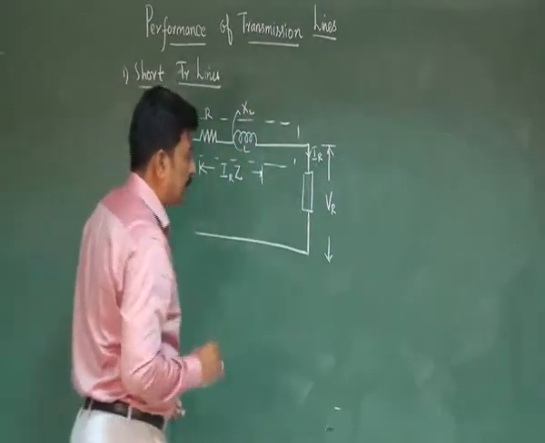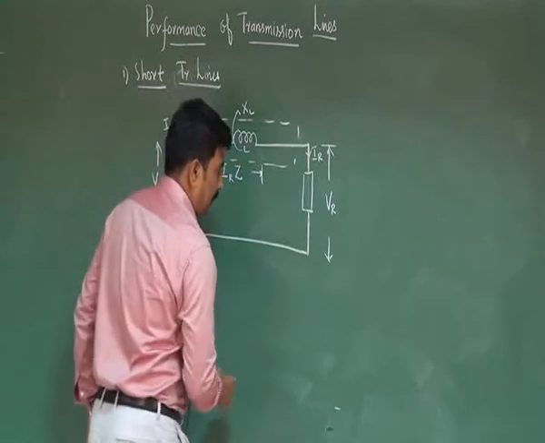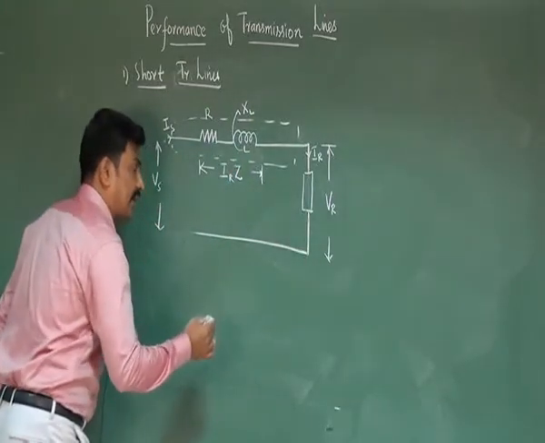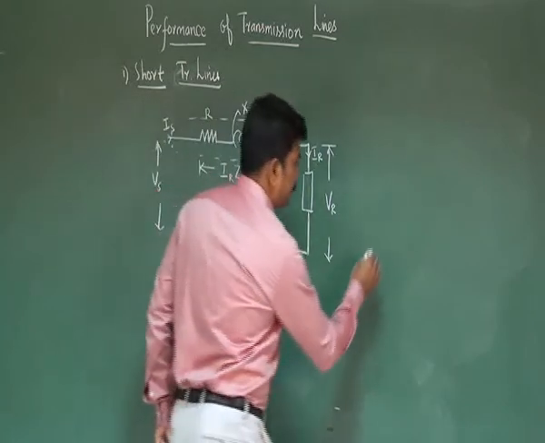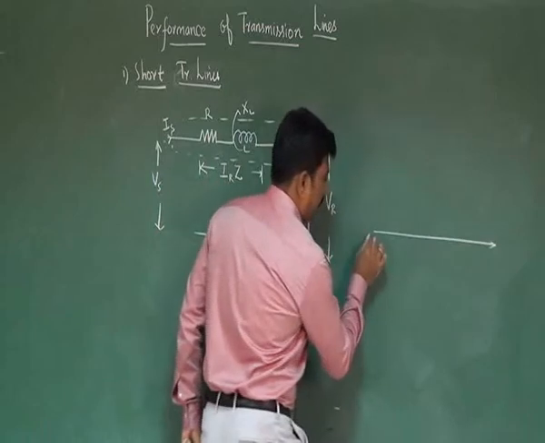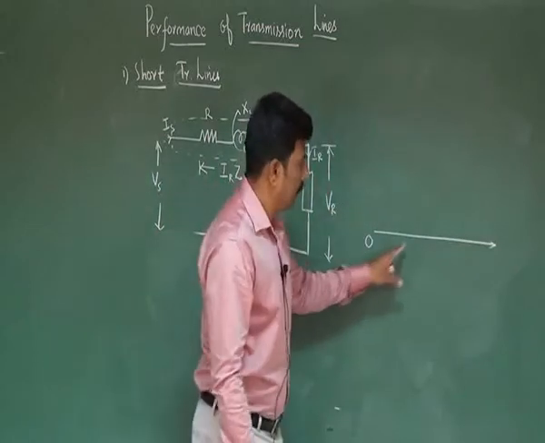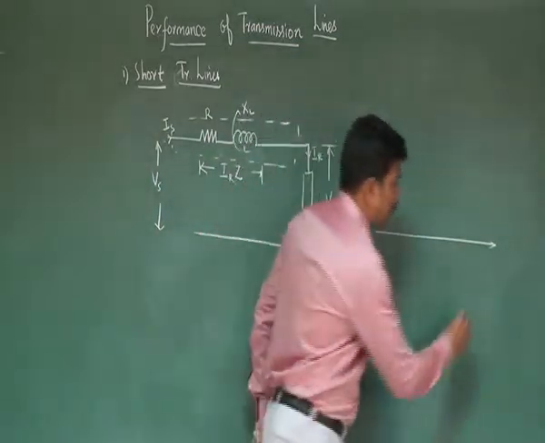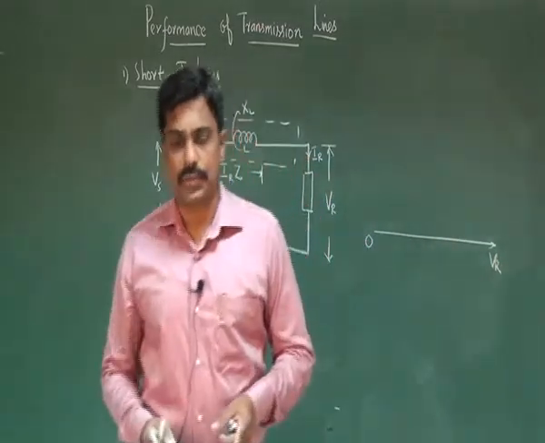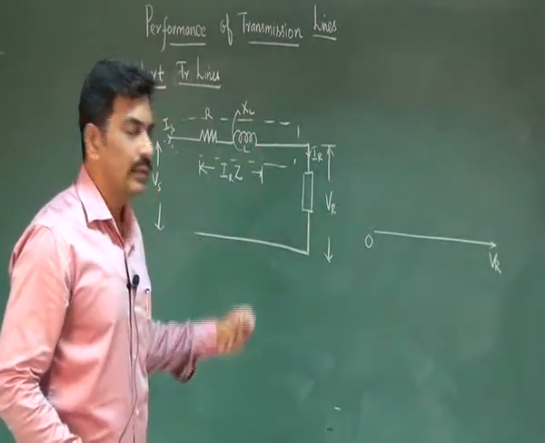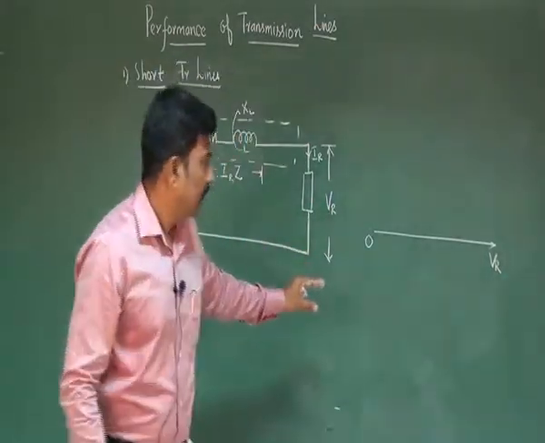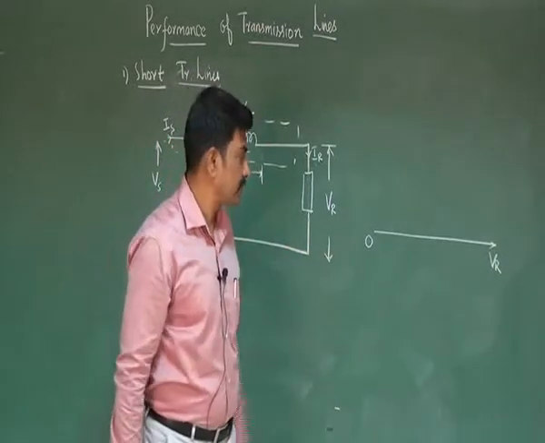Now, keeping that in mind, let me select Vr as reference vector. That means, starting from an origin O, reference vector Vr. So for our vectorial representation, we have selected Vr as reference vector for the process.